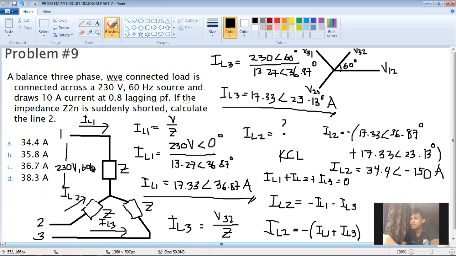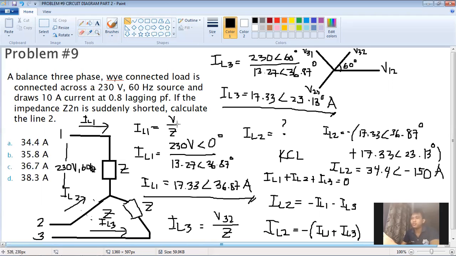But as you can see in the problem, if the impedance Z2N is suddenly shorted, we'll just remove this one and replace it with a straight line since it is being shorted.